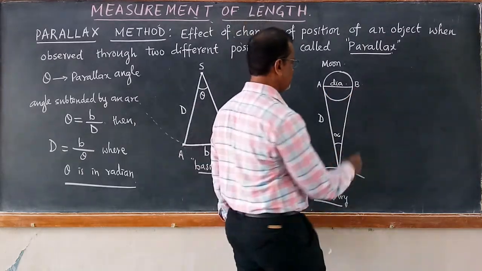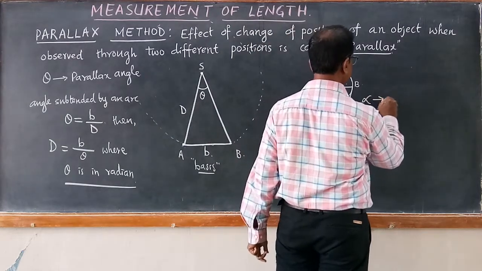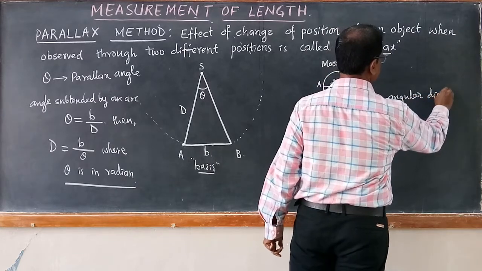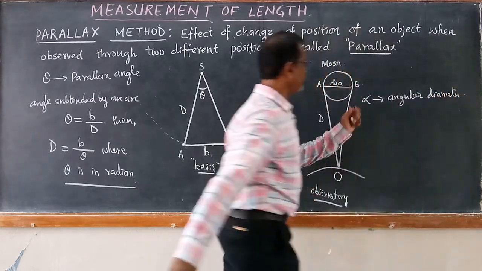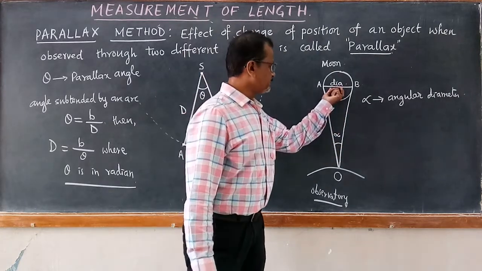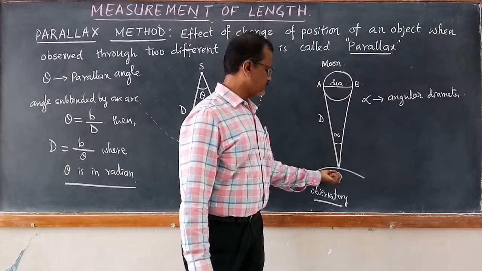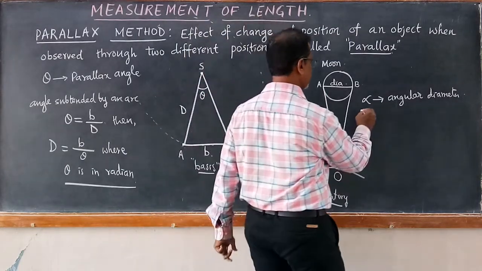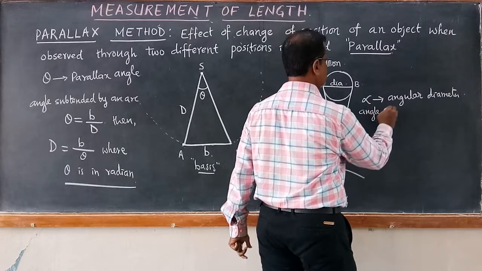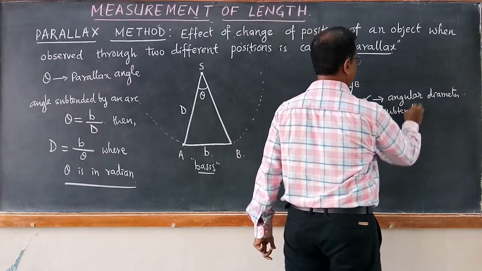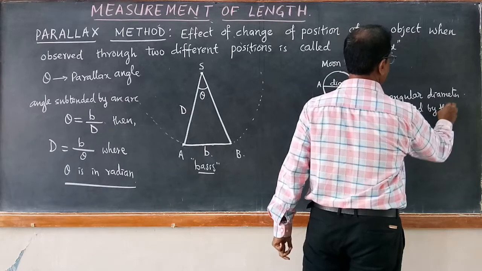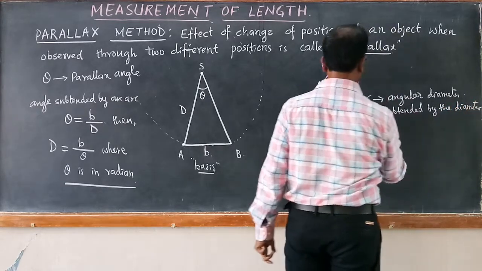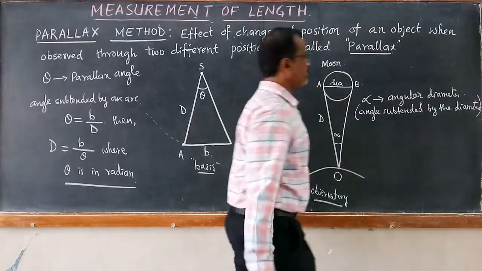This angle alpha is now called as angular diameter. Angular diameter means the angle separated by the diameter of the moon at this point of observation. So that is called as angular diameter. So you can write angle separated by the diameter. Angle separated by the diameter is called as angular diameter.